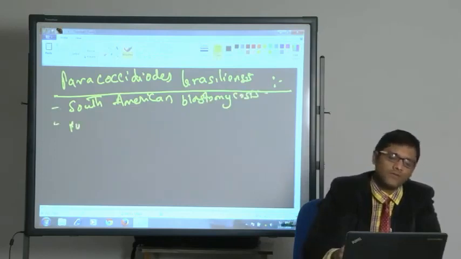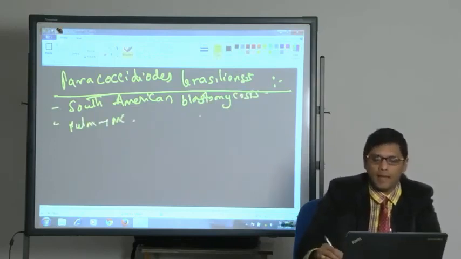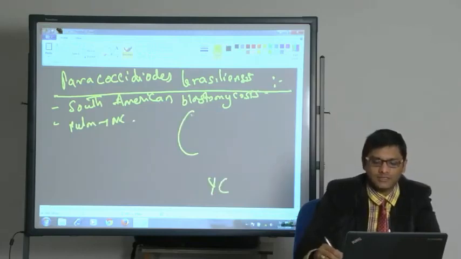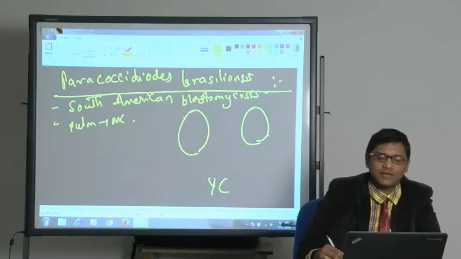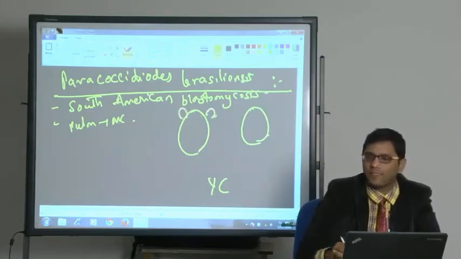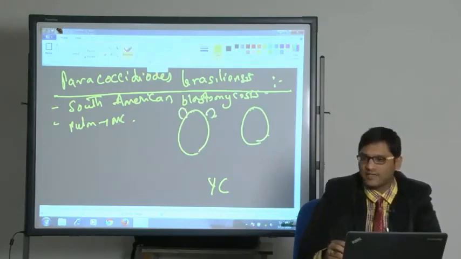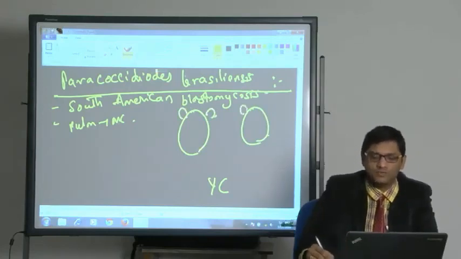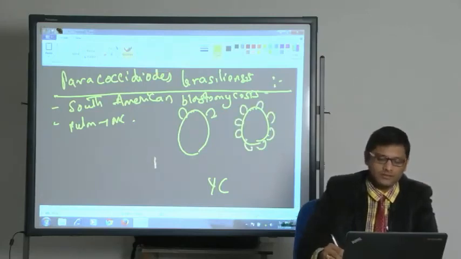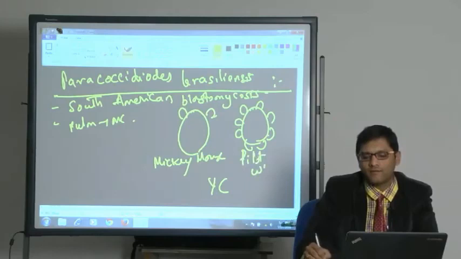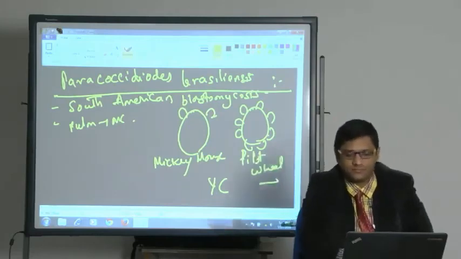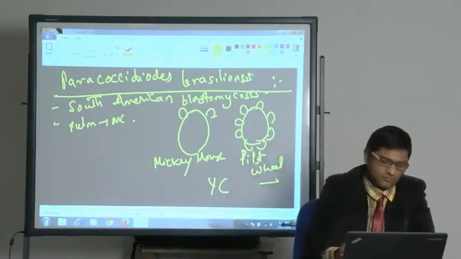Here also the pulmonary form is the most common form, and here the yeast form is arranged in 2 appearances. The mother yeast cell and daughter yeast cells vary in their size. Daughter yeast cells are very small, giving rise to Mickey Mouse appearance and pilot wheel appearance.